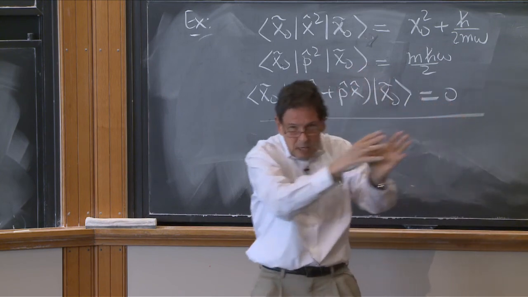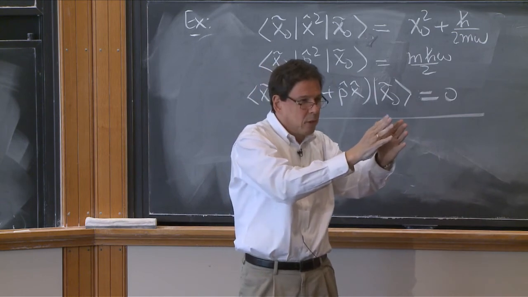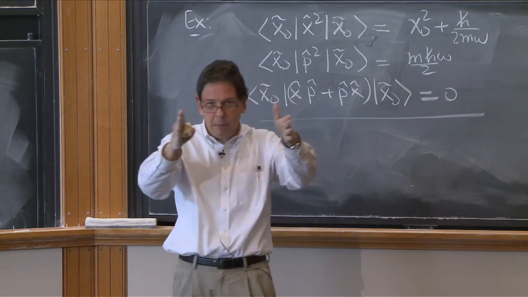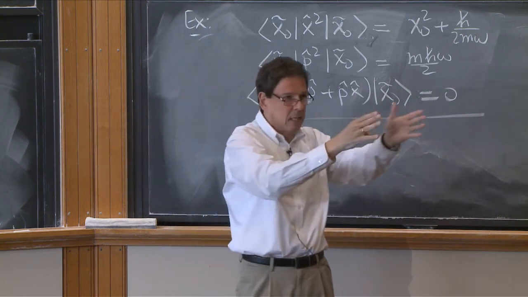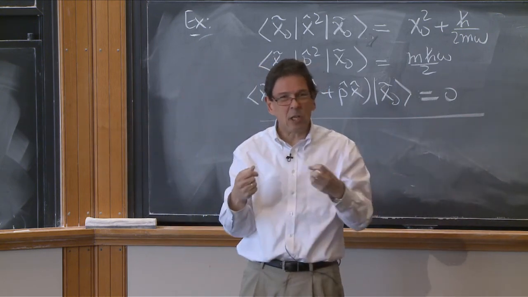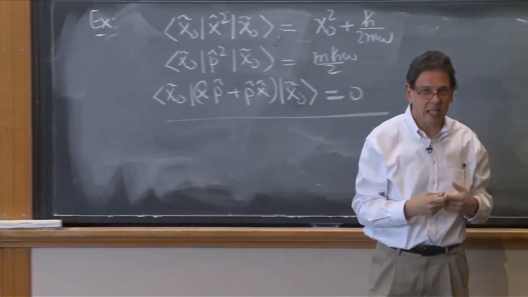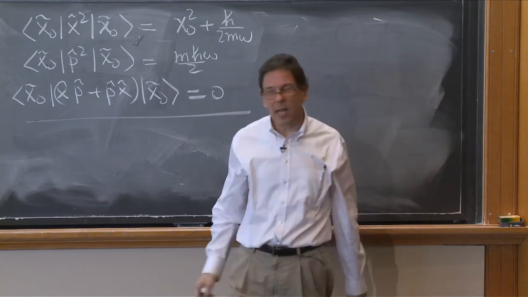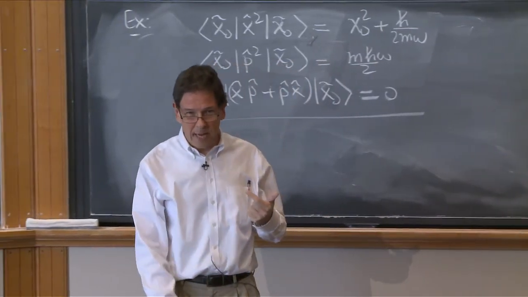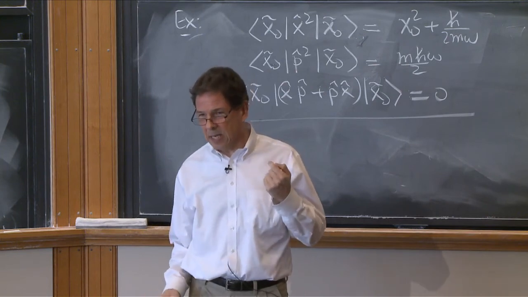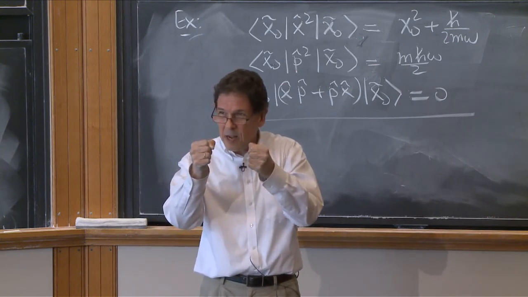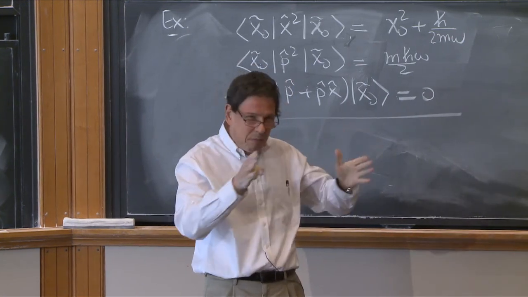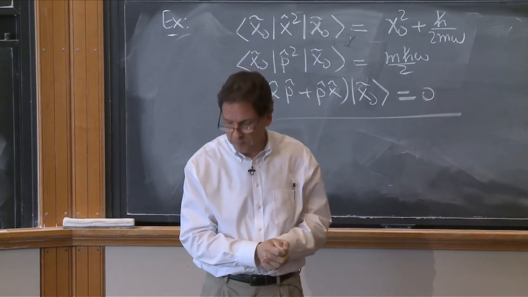But now, as it starts to move, we want to see if the shape is kept the same. Maybe it fattens up and shrinks down and does things in the middle. So the issue of coherency of this state is the issue whether the uncertainties remain the same. If the uncertainties remain the same and they are saturated, the product is saturating the inequality, you know that the shape has to be Gaussian, and it must be the same shape that is running around.